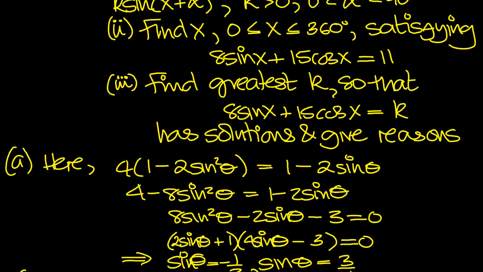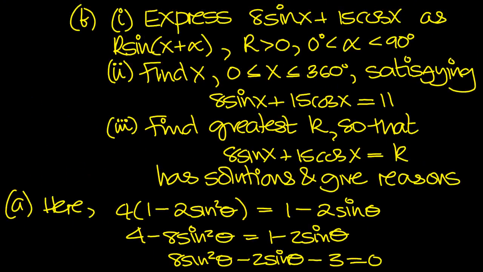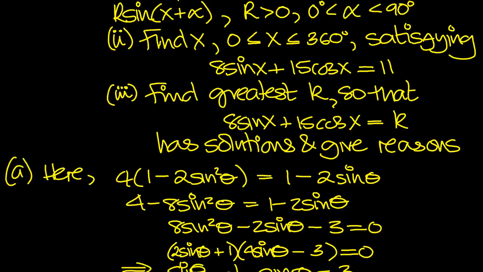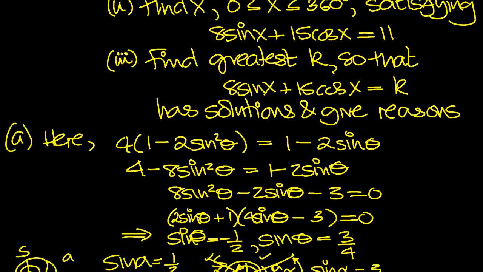Okay, so we found r and alpha, and that was part 1. Part 2 now: find x such that x is between 0 and 360 degrees, satisfying 8 sine x plus 15 cos x equals 11.